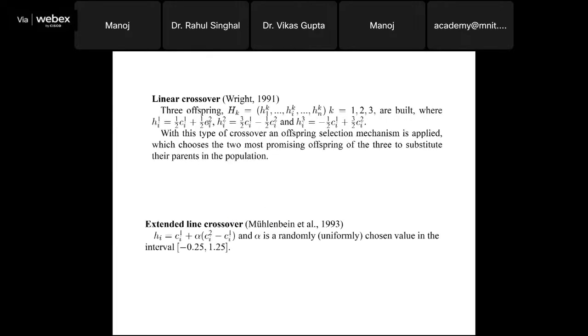Then there's linear crossover, which was again restrictive in nature, and then extended line crossover, which actually gives exploration on both ends, because alpha value is between minus 0.25 to 1.25, so that a better solution could be found. Now, all these ideas were good, and they helped a lot to the people who were trying to develop different methods for global optimization.